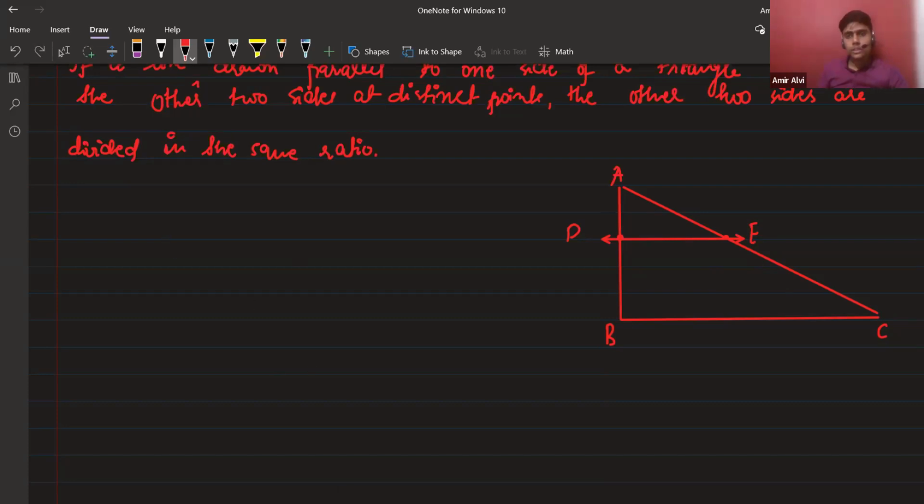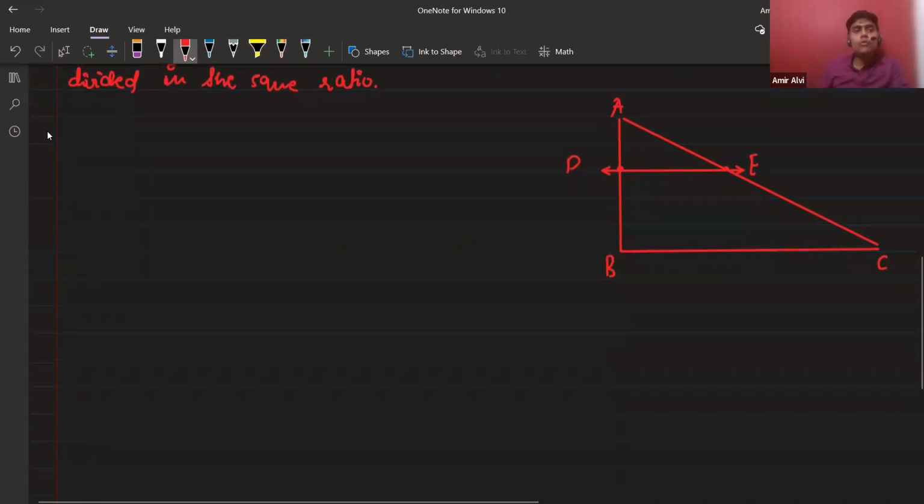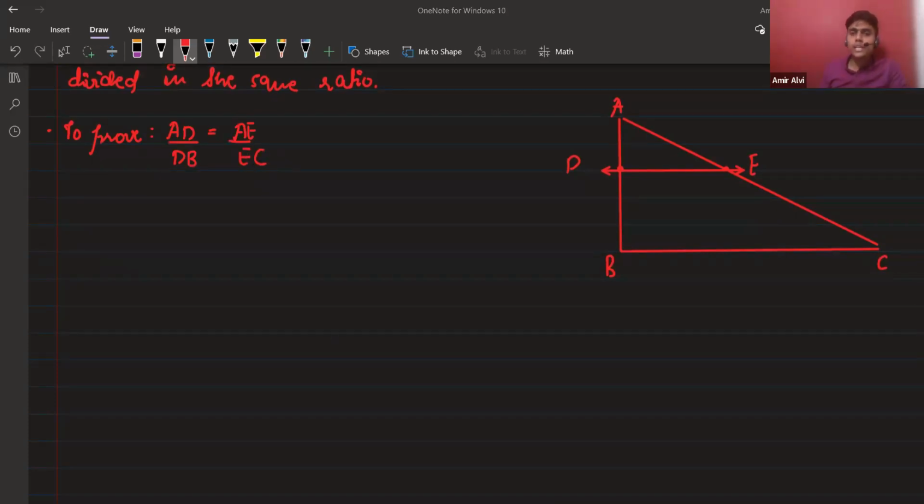So what we need to prove is AD by DB equals AE by EC. Clear? Any doubt in this?